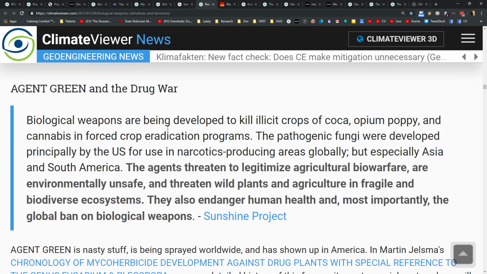So biological weapons are being developed to kill illicit crops of coca, opium poppy, and cannabis in forced crop eradication programs. The pathogenic fungi were developed principally by the U.S. for use in narcotics-producing areas globally, but especially Asia and South America. The agents threaten to legitimize agricultural biowarfare, are environmentally unsafe, and threaten wild plants and agriculture in fragile and biodiverse ecosystems.